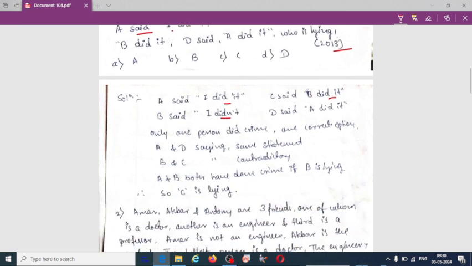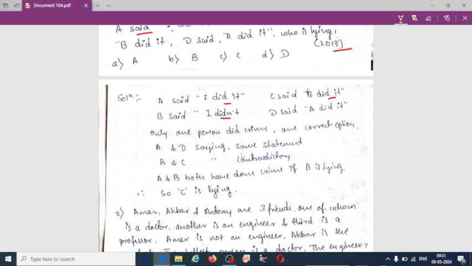From these four statements, one person has done the crime, so any one of the options must be correct. Only one person has done the crime. If we observe A and D, A is saying I did it, D said A did it.